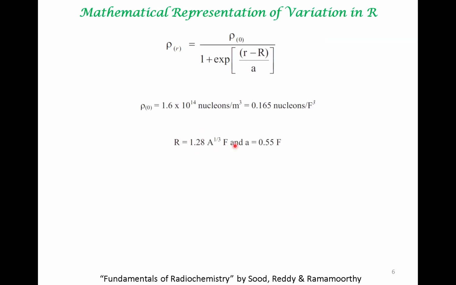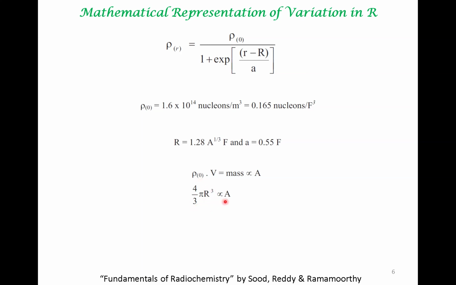The constant density times the volume of the nucleus is going to be the mass. Density times volume is mass, and it is proportional to A. Let's assume that the nucleus is spherically shaped, which is a good approximation.